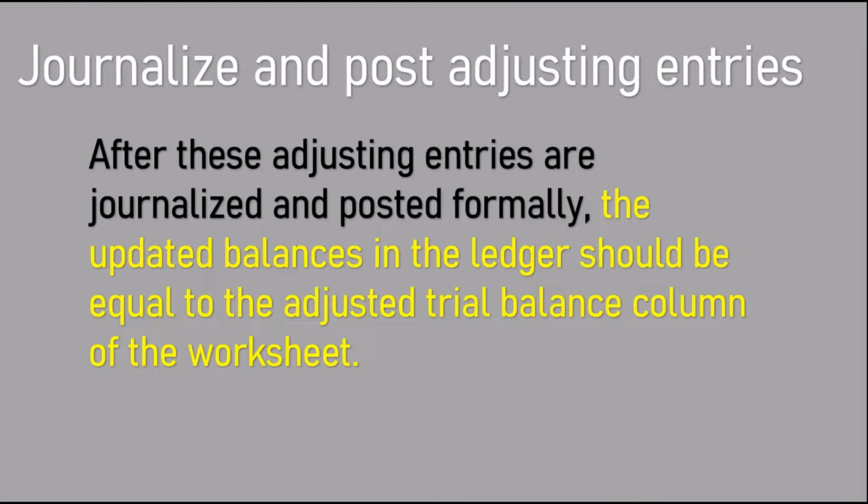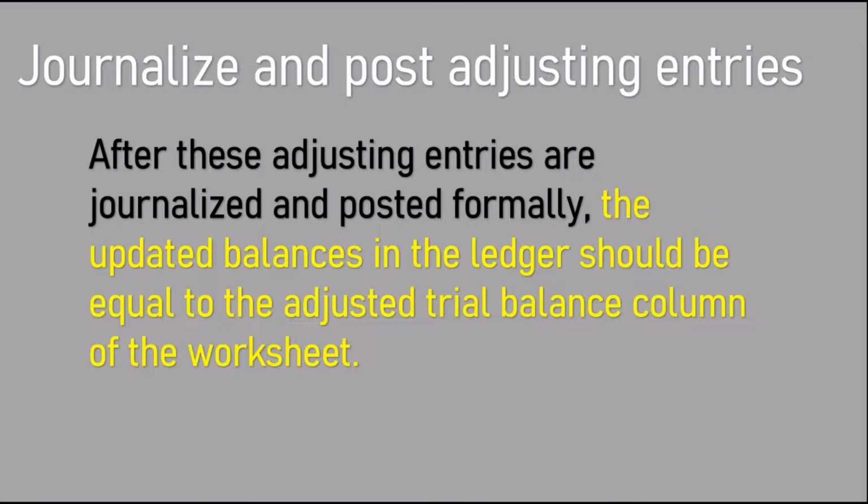After these adjusting entries are journalized and posted formally, the updated balances in the ledger should be equal to the adjusted trial balance column of the worksheet. What do I mean by that? After you have journalized these adjusting entries in the journal, you will post them in the ledger.